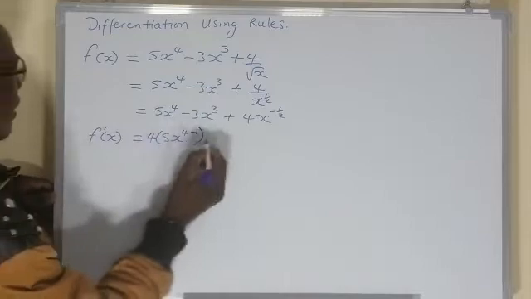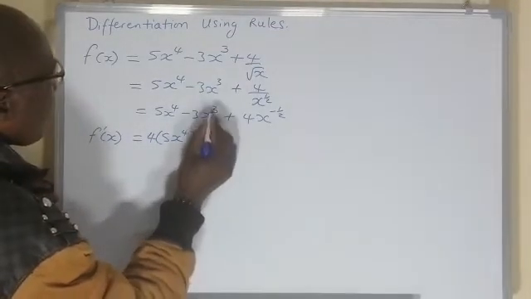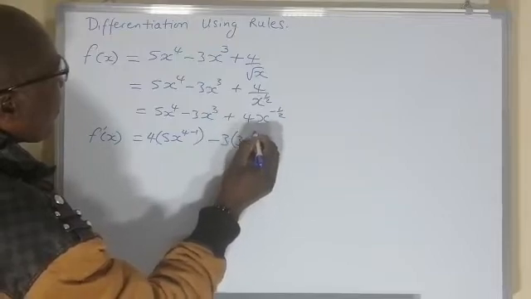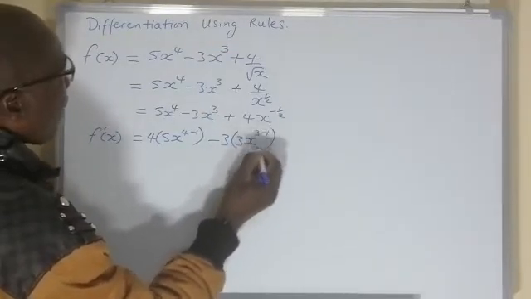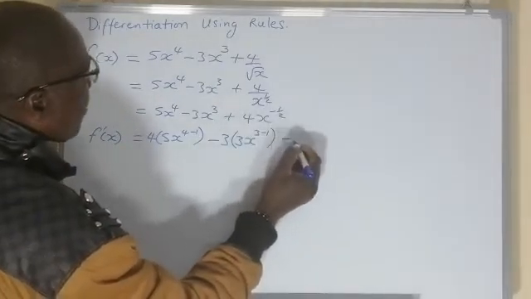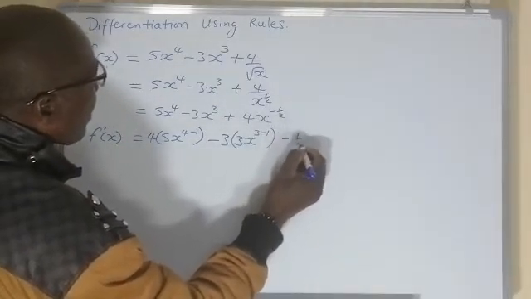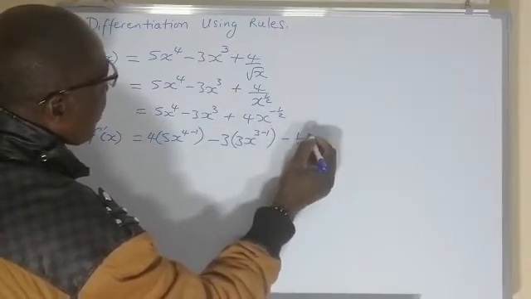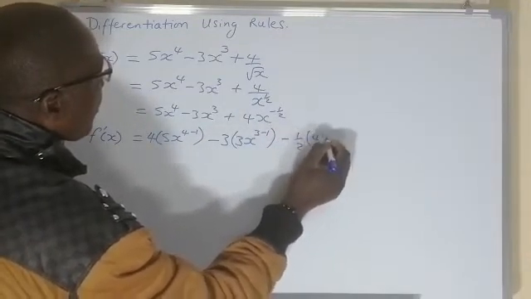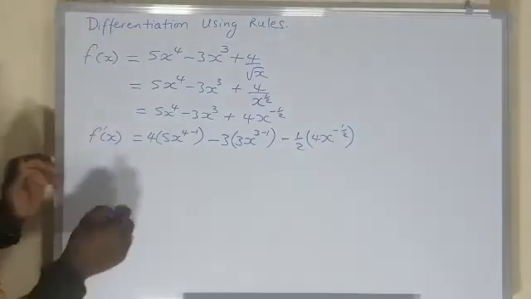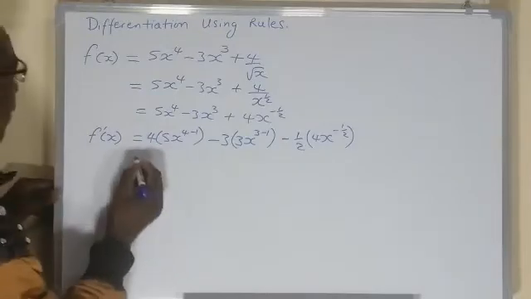That 4 is in front, minus 3, that's 3x to the power 3 minus 1. We also do the same here. The negative a half comes to the front, that's minus a half. Minus and positive is negative, and then 4x to the power negative a half, and then we simplify.